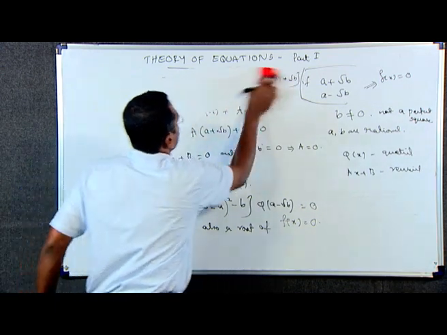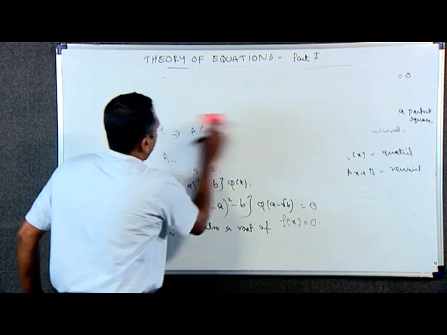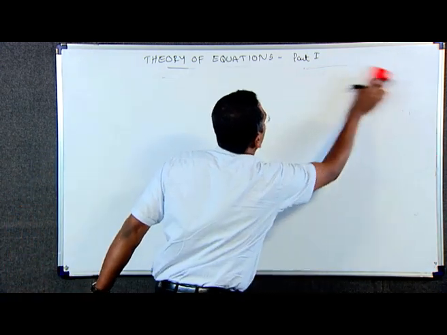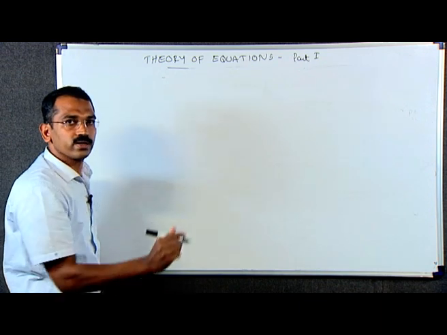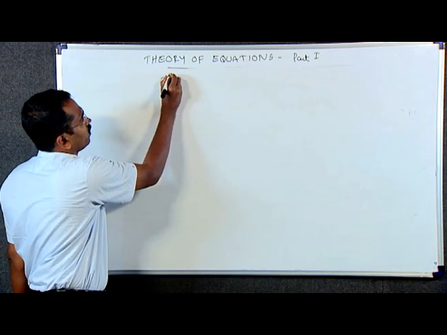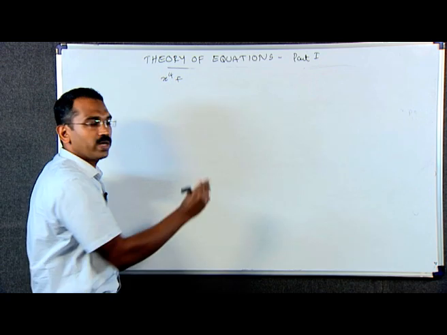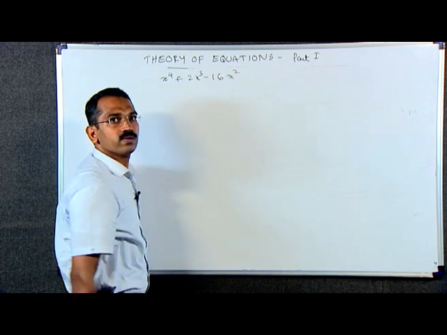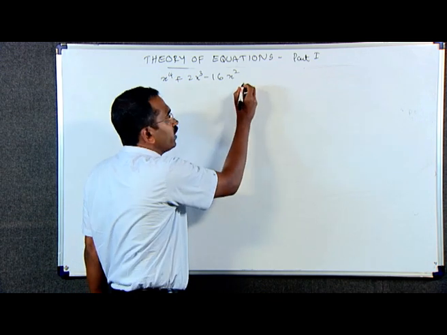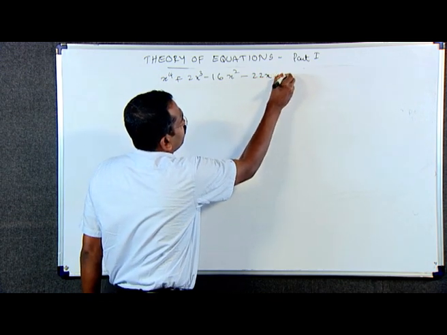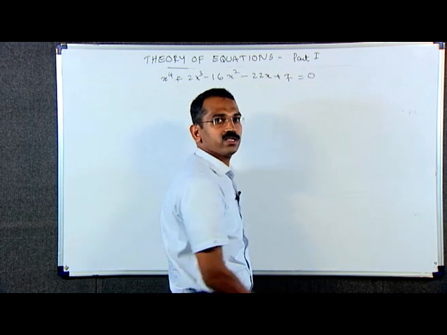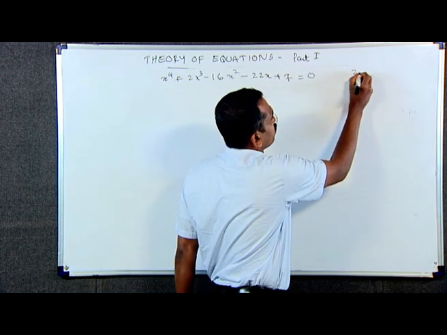Now consider this example. Solve the equation x raised to 4 plus 2x cube minus 16x square minus 22x plus 7 is equal to 0, given that 2 plus root 3 is a root.